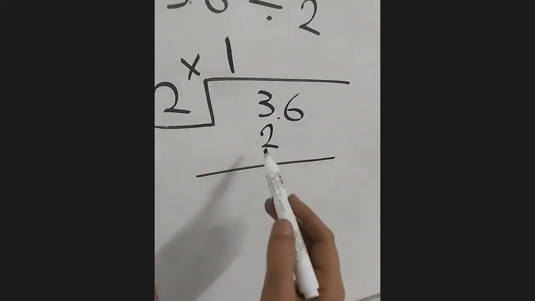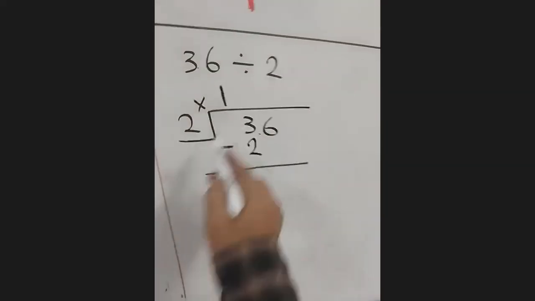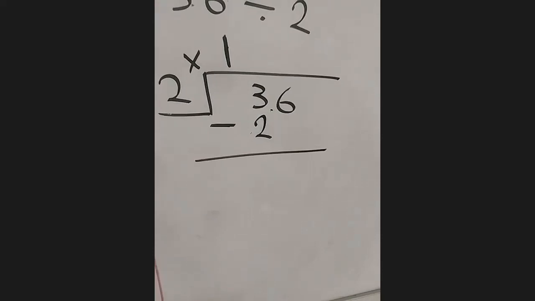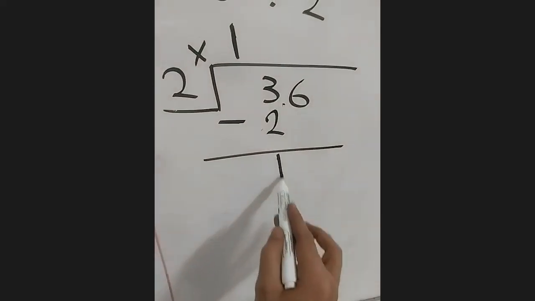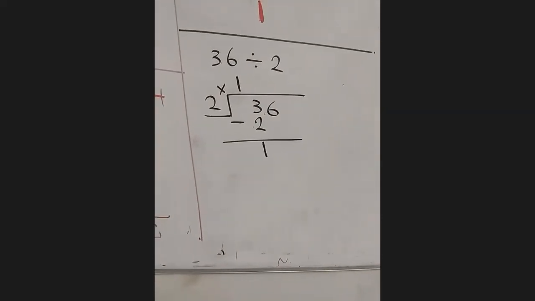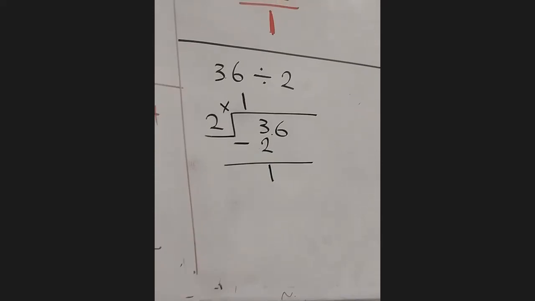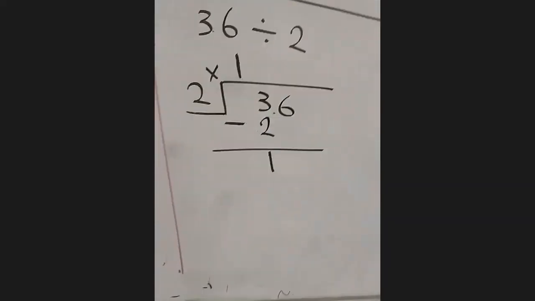After this step, we call it the subtraction step. Now 3 minus 2 is 1. Is this difficult until now? No. Now after we subtract, all of you focus here, please.